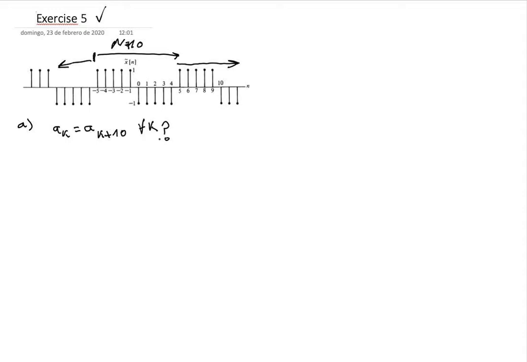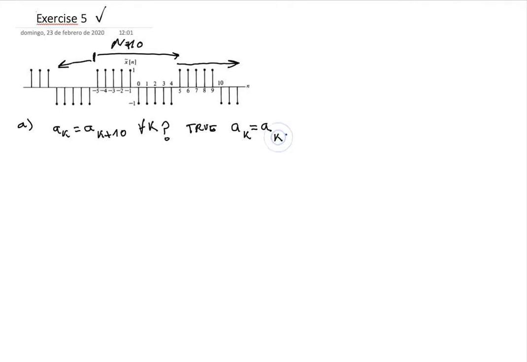That's number 8. So the answer is true, because we know the property that the a sub k coefficients are periodic, and the period is exactly the same period as the original signal that we take the Fourier transform. Here the original signal has period 10.